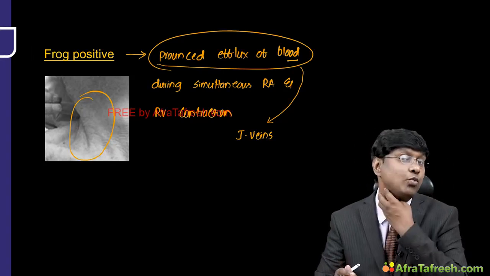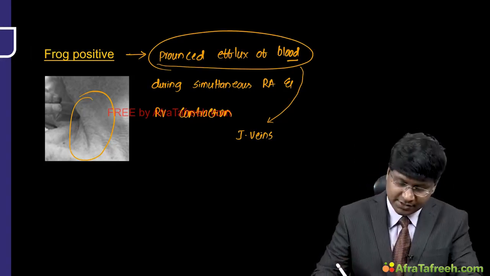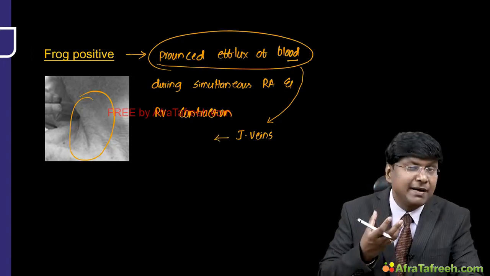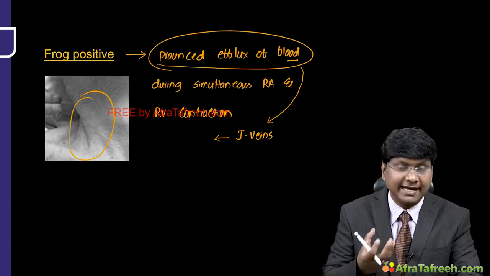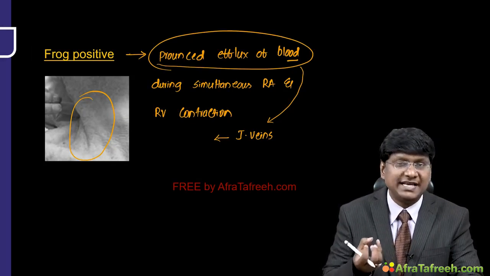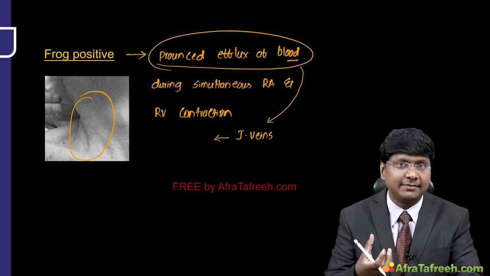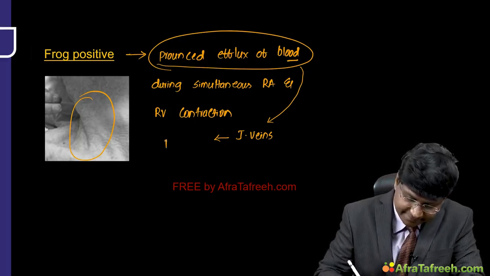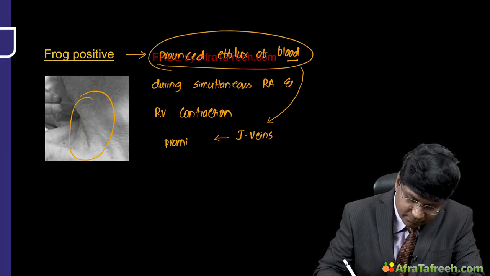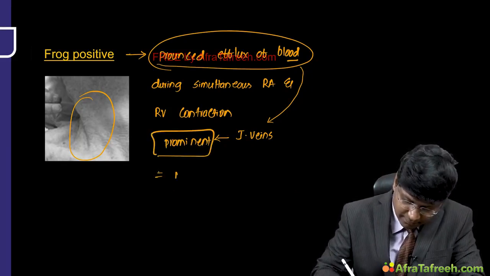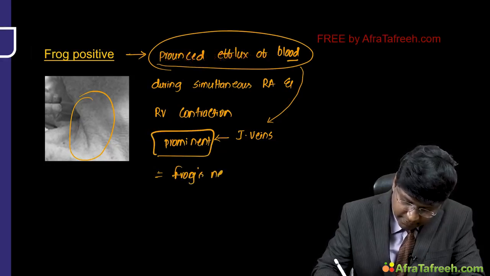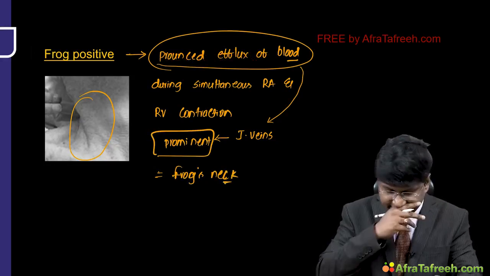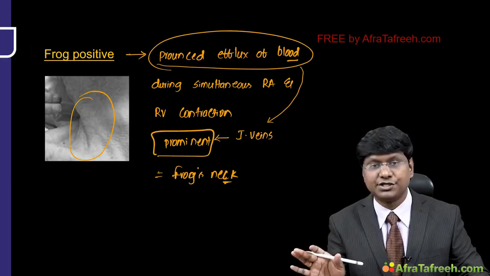So thereby what will happen to the neck pulsations? The neck pulsations become more prominent, like the pulsations you will see within the frog's neck, and that is the reason why it is called the frog positive sign.